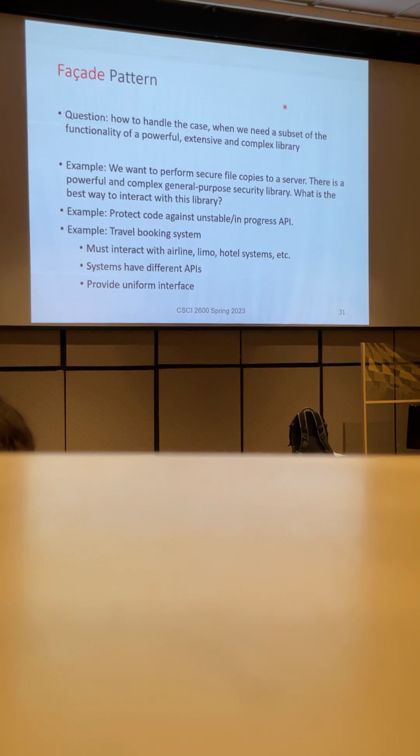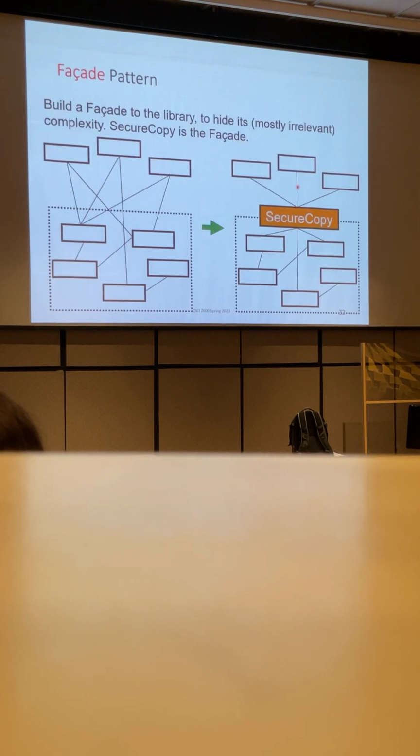So we can give them a shell that will internally translate all calls to this general-purpose security library, but would expose to the client only a limited number of methods that are sufficient for their user to solve their problem, like copying files from one machine to another. This is the basic idea of a facade pattern.